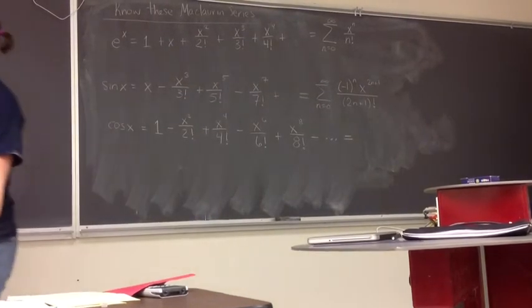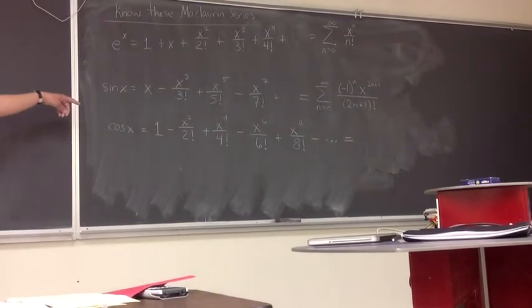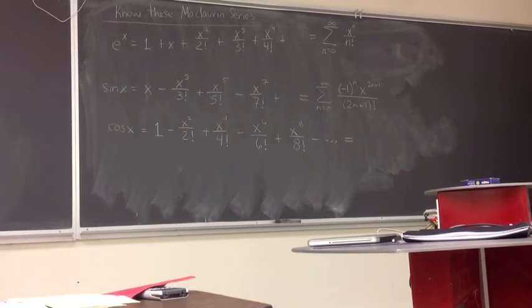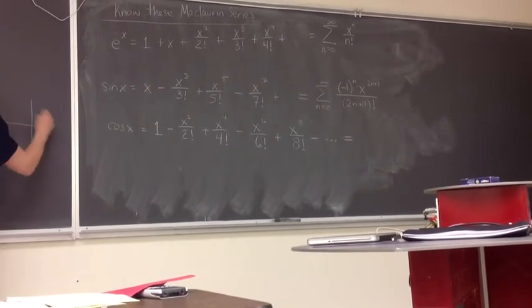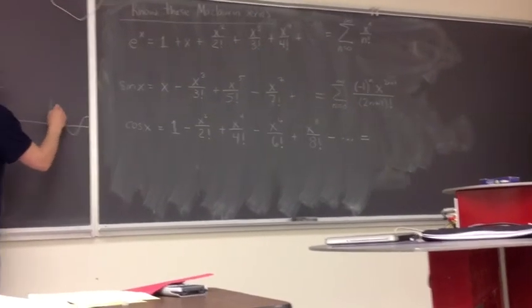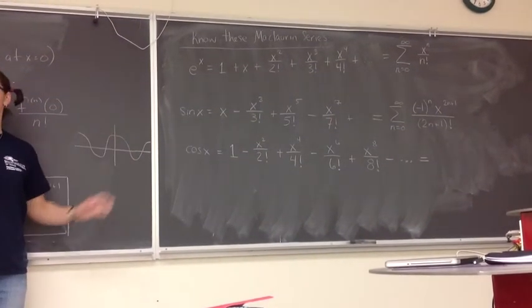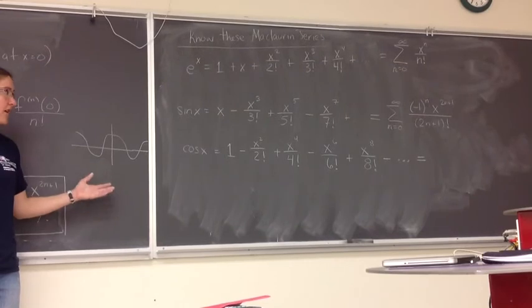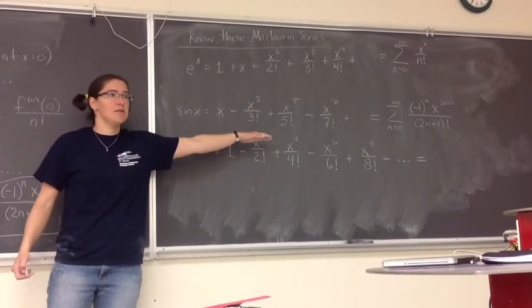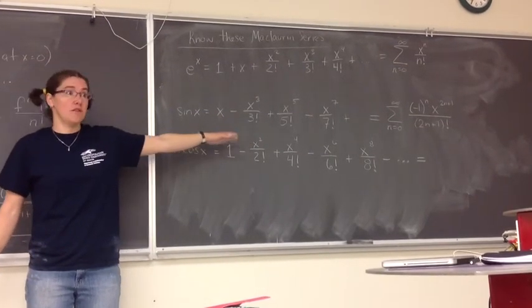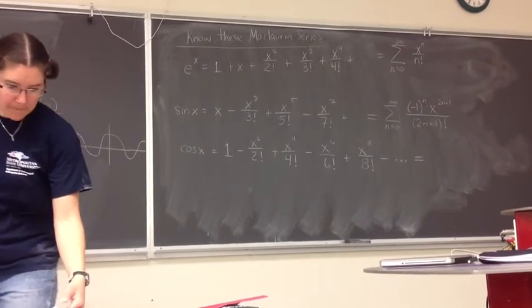Notice that for cosine, we end up with all the even powers, and the cosine function has symmetry across the y-axis, and so the cosine function is an even function. Again, the name even really comes from these even powers on the Maclaurin series or power series expansion.